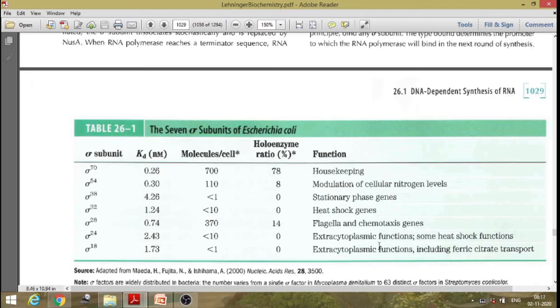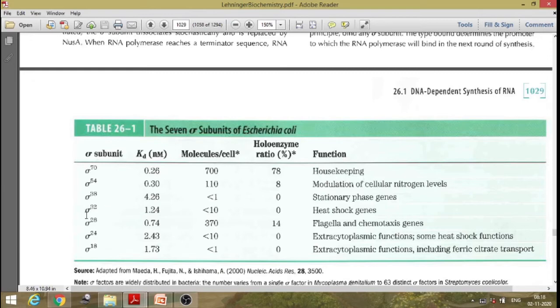Now, what do we mean by function? That means that these subunits would bind to the promoter regions of the genes involved in these kinds of functions. Sigma 70 would bind to the promoter region of genes involved in housekeeping functions.